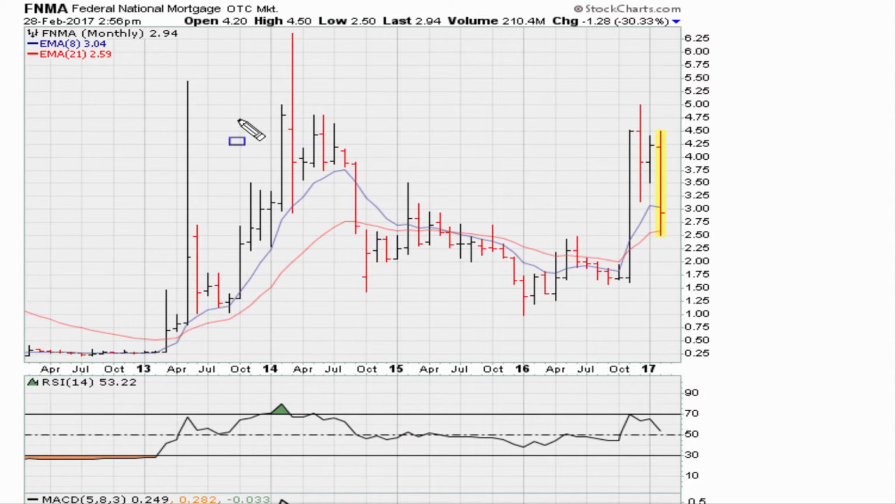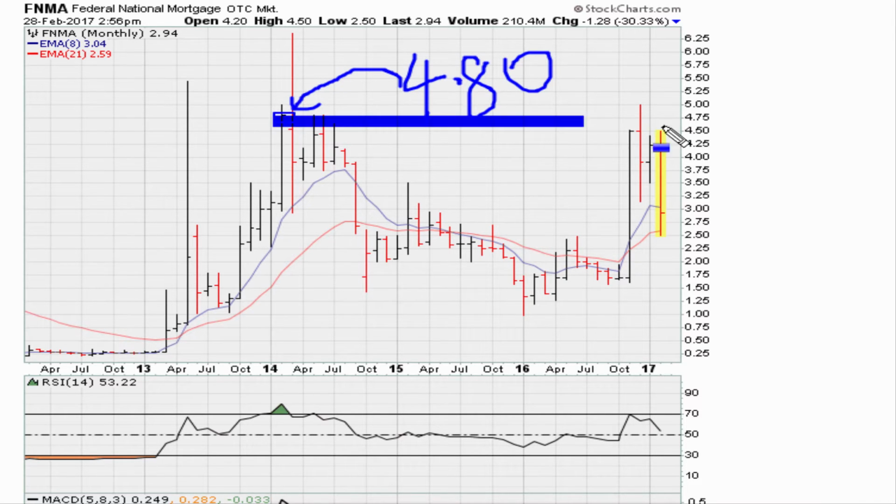So let's say you are trying to play this breakout here, which was based off the previous close on a monthly basis of 4.80, which goes back to this month. You can see that it became relevant in the current situation because this has been a problem going back to 2014.